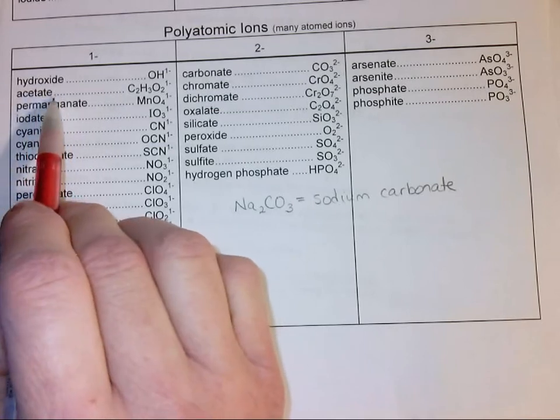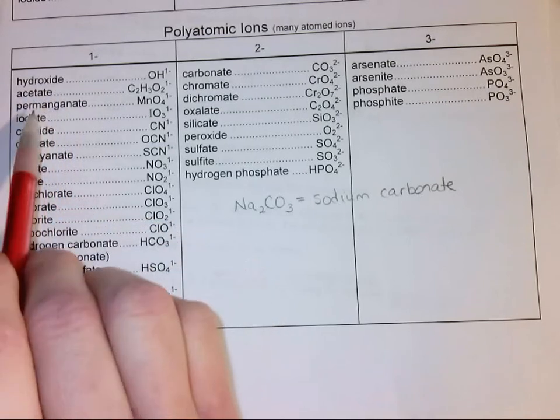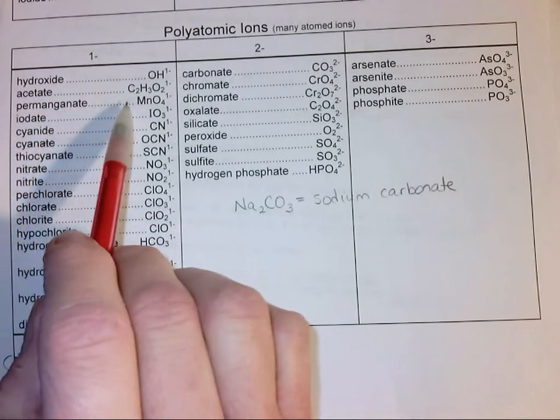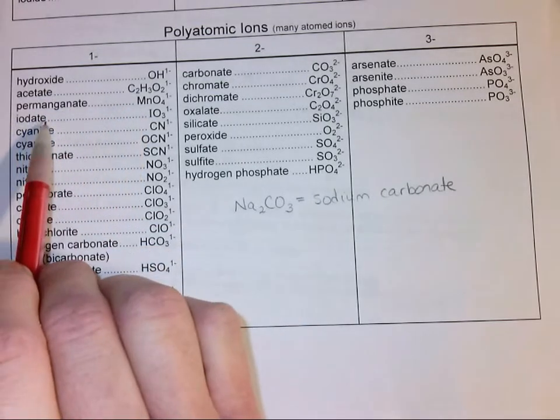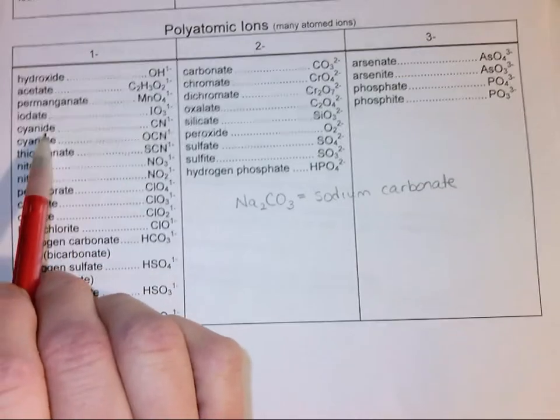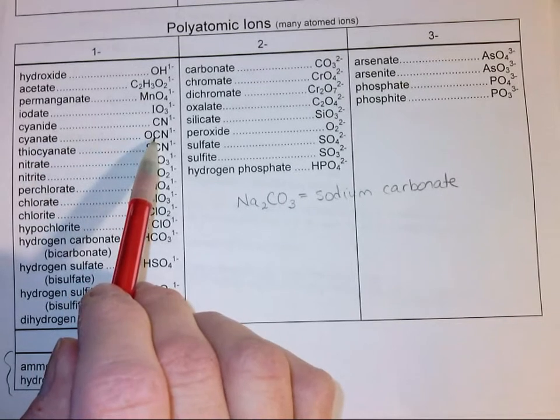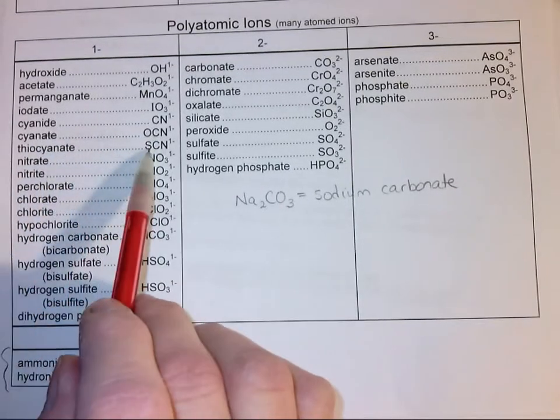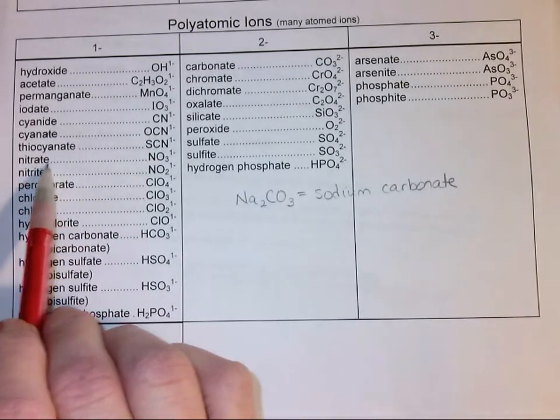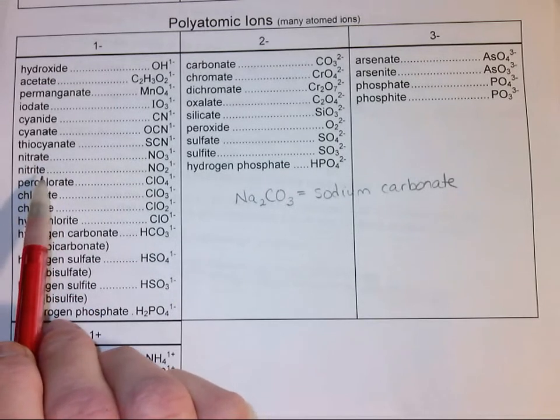So acetic acid would be HC2H3O2. Permanganate would be permanganic acid. Iodate would be iodic acid. Cyanide will not make an acid, but cyanate will make cyanic acid, thiocyanic acid, nitric acid, nitrous acid.